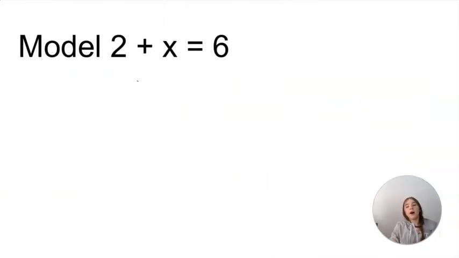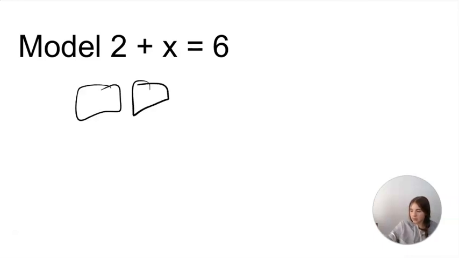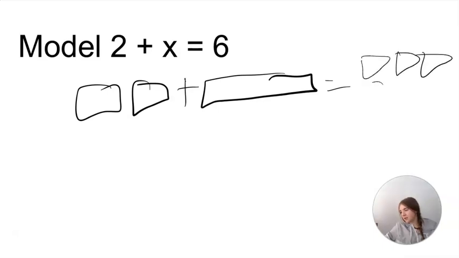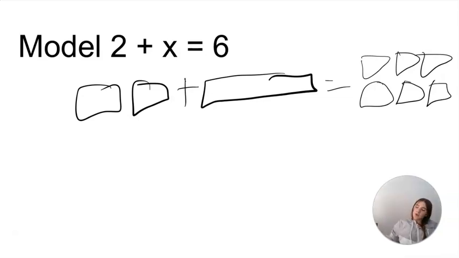Now we're going to model it, so we need to draw it. So we're going to model 2 plus x equals 6. How we would do that is go 2 blocks plus 1 long box equals 6 blocks, like that. How would we know what x is?